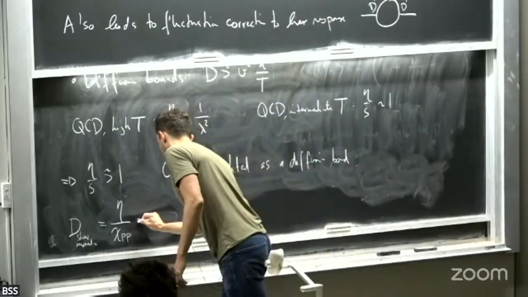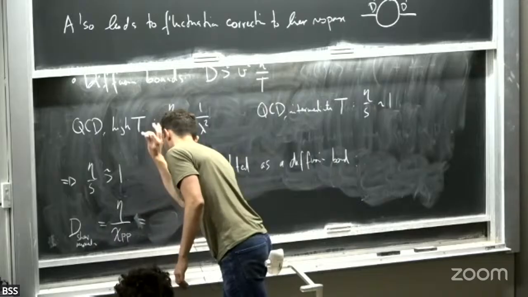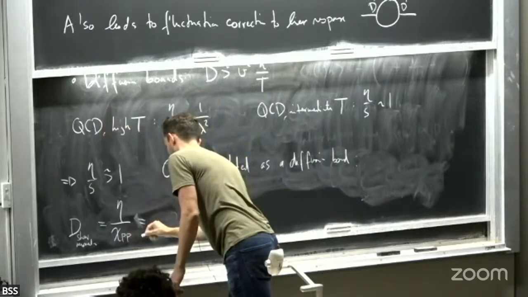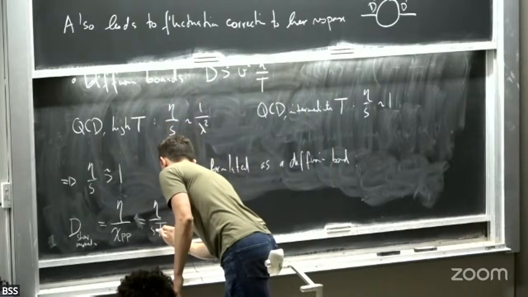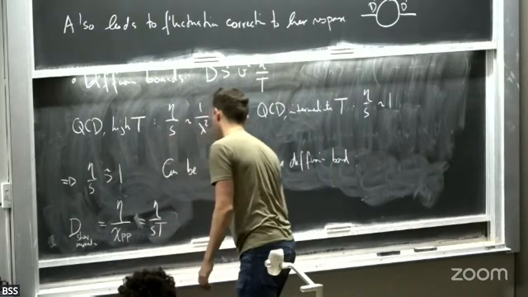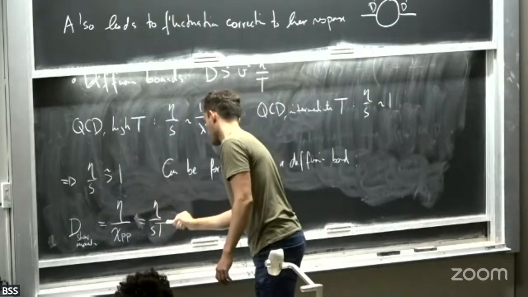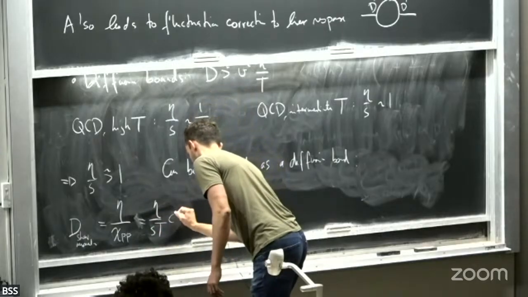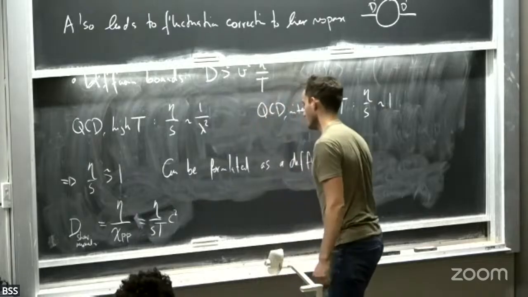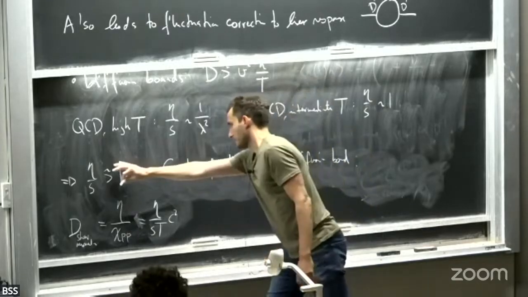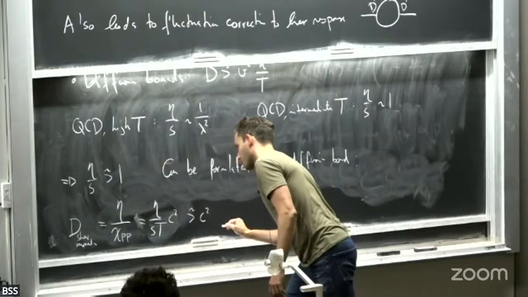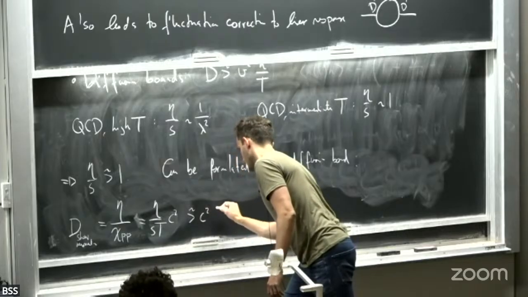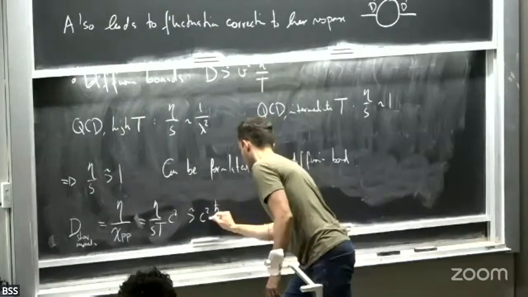Now, for the relativistic QFTs that this applied to, the momentum susceptibility turns out to be fixed by symmetry to be s times T. And so here we have c squared if I restore the speed of light. If I plug in this conjecture, we'll have a conjectured bound on the diffusivity, which looks like this.